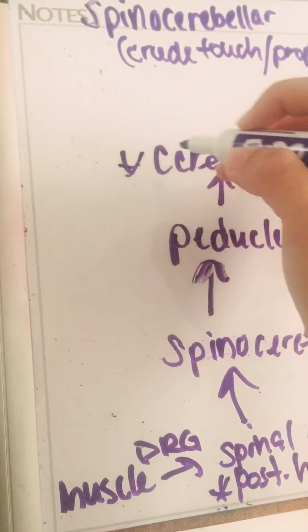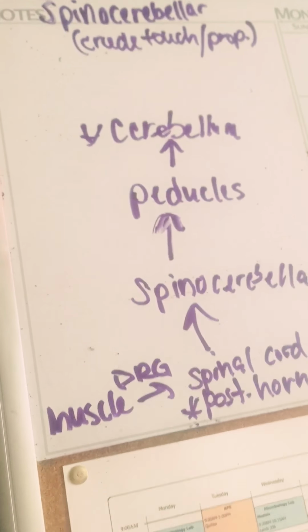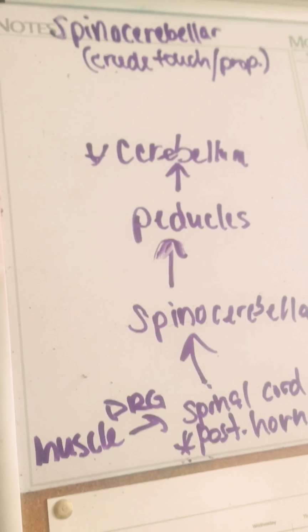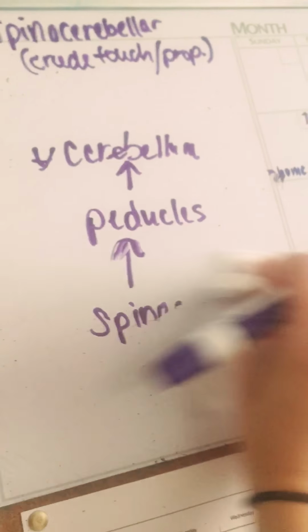And this is where that tract ends. This one does not go all the way to the cortex, to the cerebrum. So the only two synapses for this one are in the spinal cord posterior horn, and then the cerebellum.